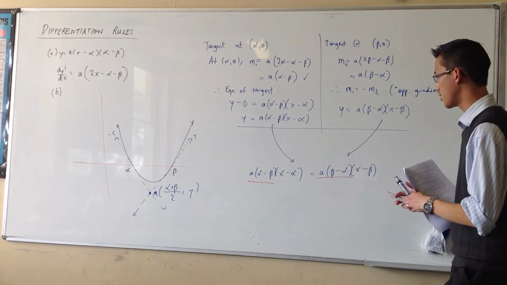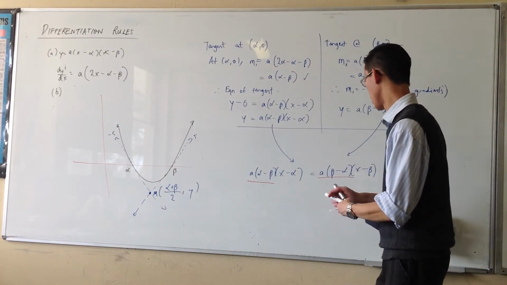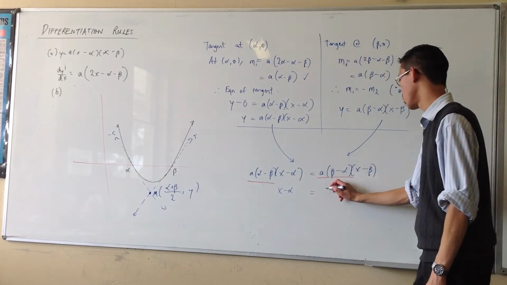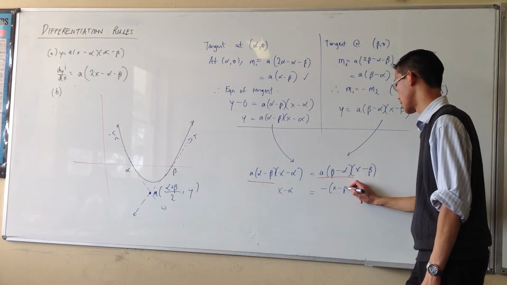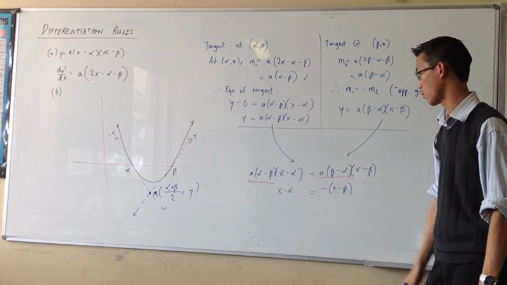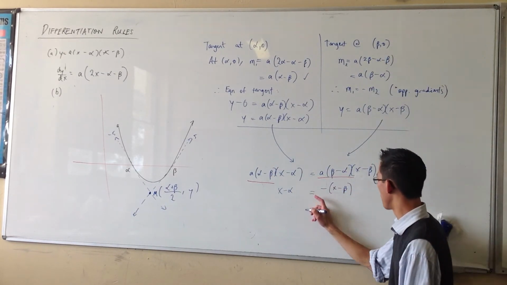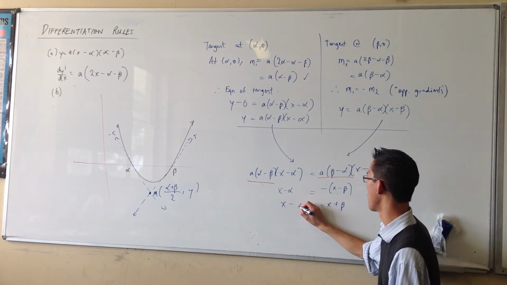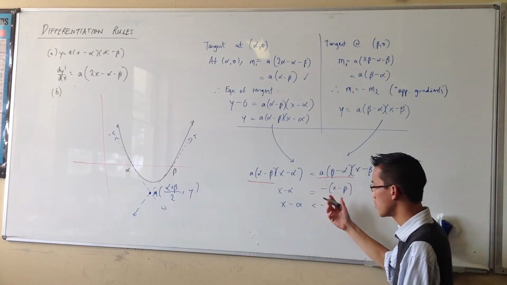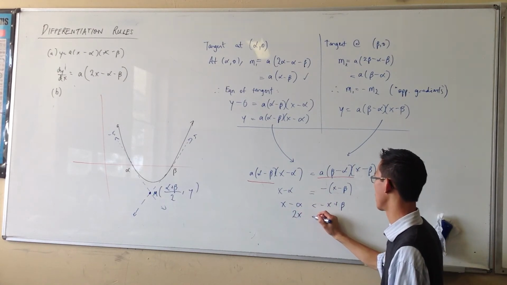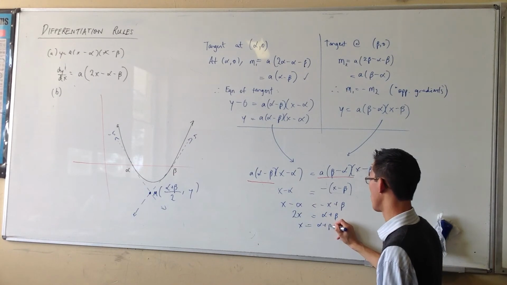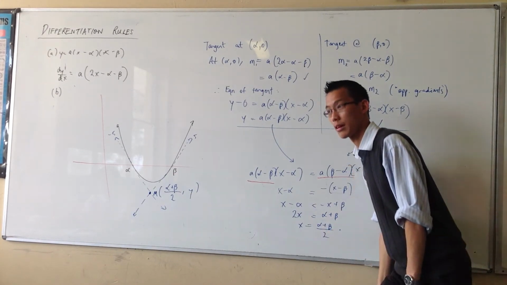So I can put x minus alpha here, and this will just be minus, x minus beta. Just divide it all the way through. Now I just clean up. I've got minus x plus beta equals x minus alpha, and I want x to be the subject, so 2x over there, alpha plus beta over here, and there's the result we're expecting.